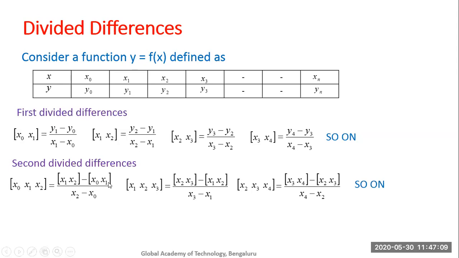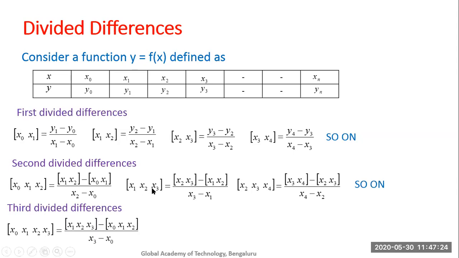Then use second divided differences to obtain third divided differences. The notation is now x0, x1, x2, x3 for the third divided difference. So take the difference of the second divided differences, x1, x2, x3 minus x0, x1, x2. This number is divided by x3 minus x0, the last value minus the first value.